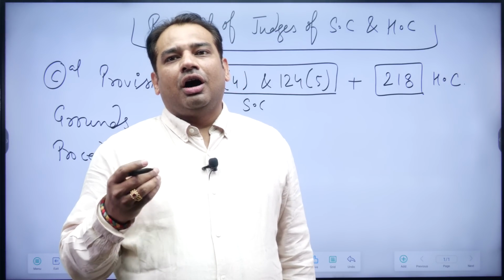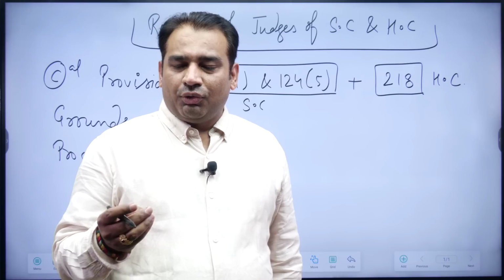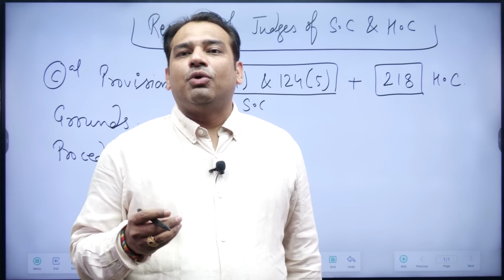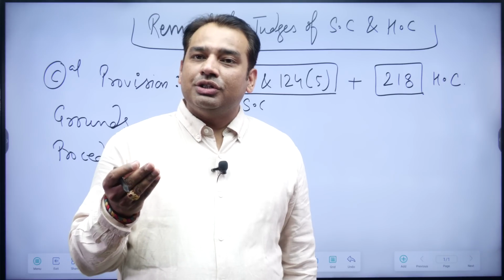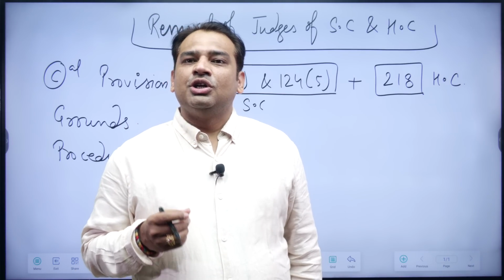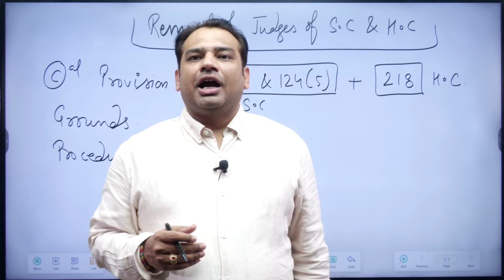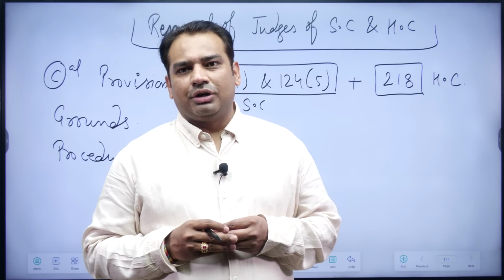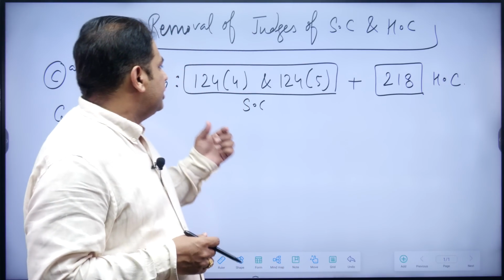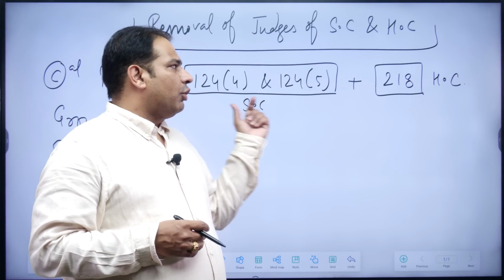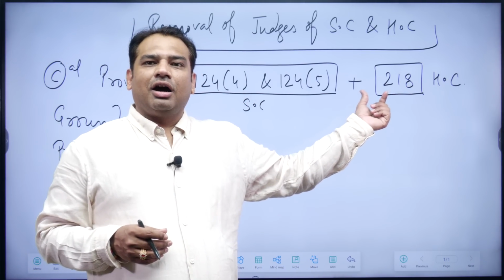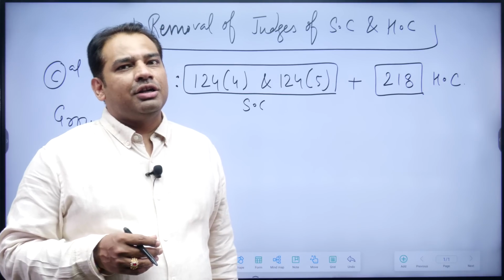Which provision? Article 124 Clause 4 and Article 124 Clause 5, because these are the two main clauses which talk about the procedure for removal and the grounds for removal. And as a result, these two are extended for the High Court by Article 218.